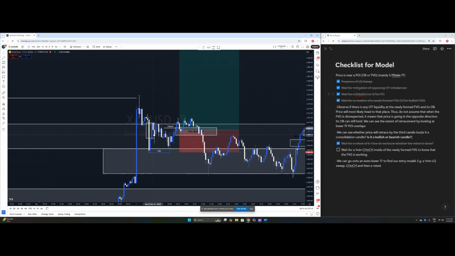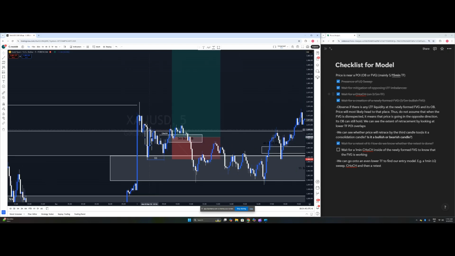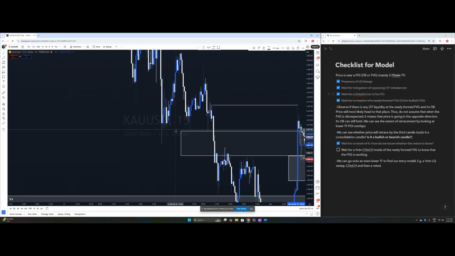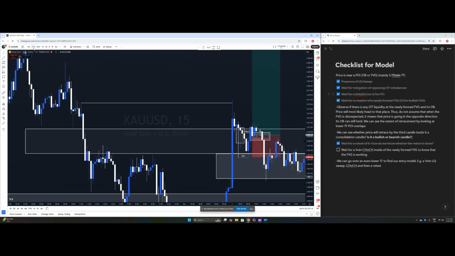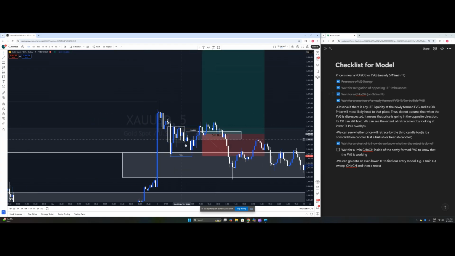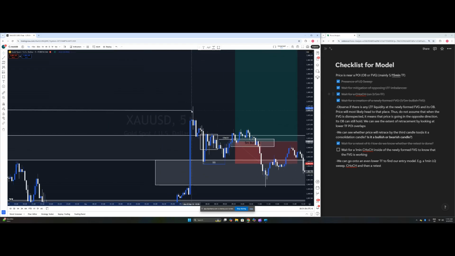And so this 5 minute bearish fair value gap got created in return, right? And so it got created, which meant that there was a liquidity sweep.